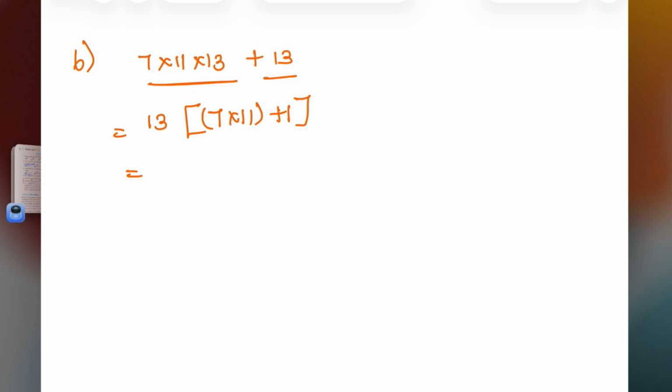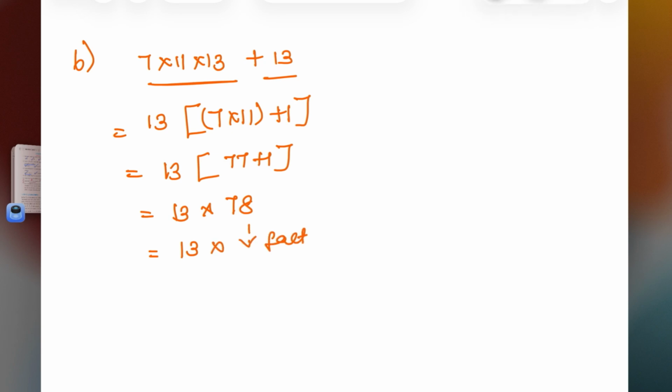So, again, this 13 we can have it like this. Here 7 into 11 is 77 plus 1, that is 13 into 78. Here we have to factorize 78 and write its prime factors.